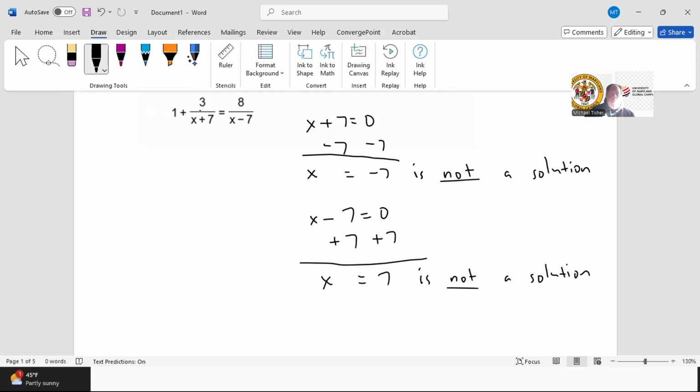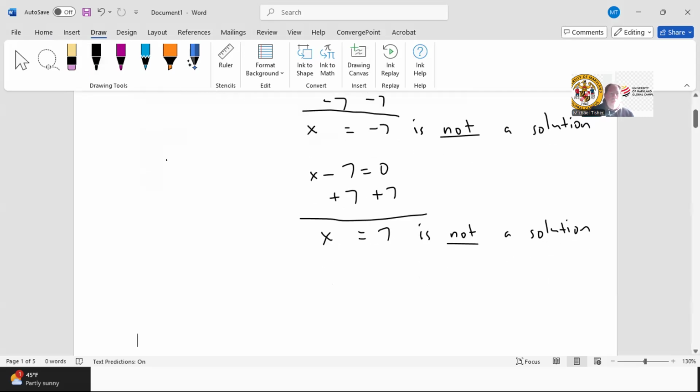All right. So to get those, we want to get rid of these denominators, and one way to do that is to multiply x plus 7 for the first one and multiply x minus 7 for the second fraction right here. But if we multiply by x plus 7 in parentheses times x minus 7 in parentheses, that will get rid of all of the denominators, x plus 7 and x minus 7.